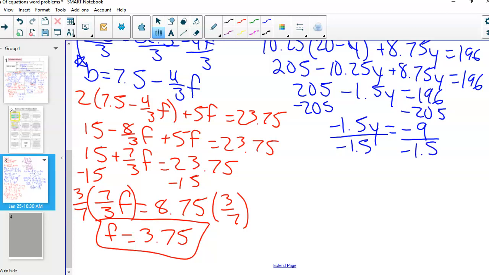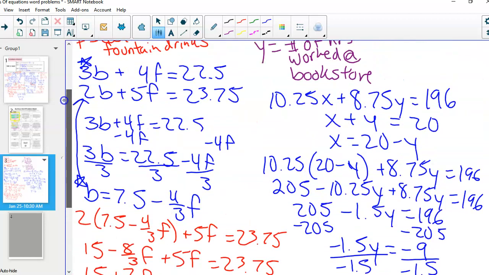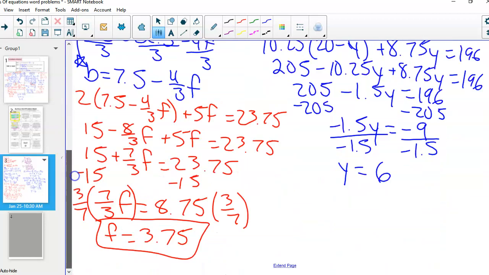What is negative 9 divided by negative 1.5? So 6 is the number of hours he worked at the bookstore.